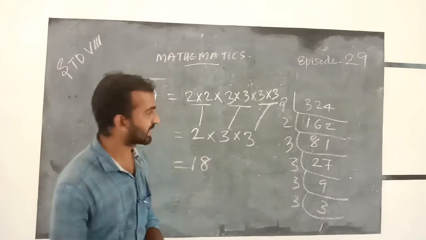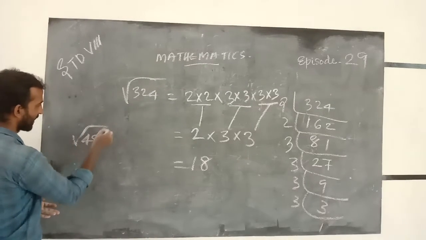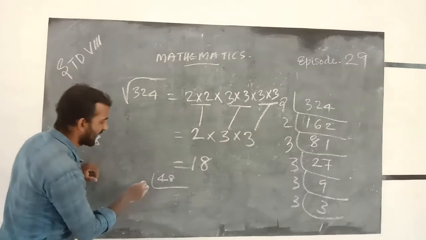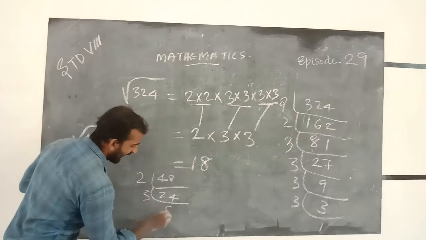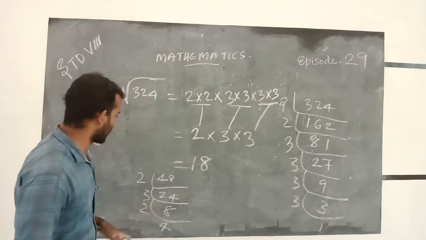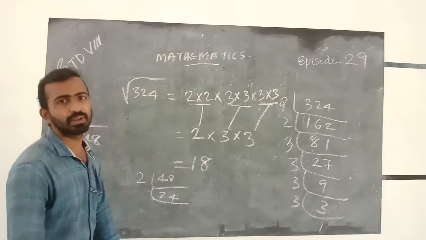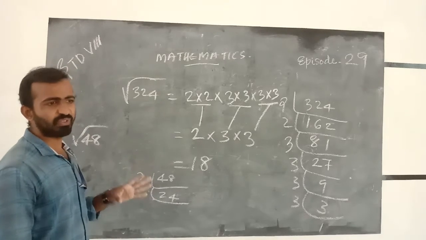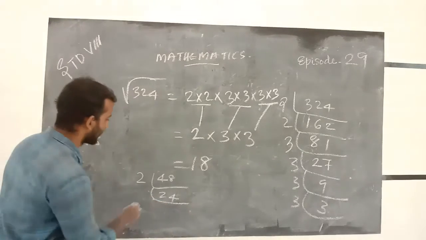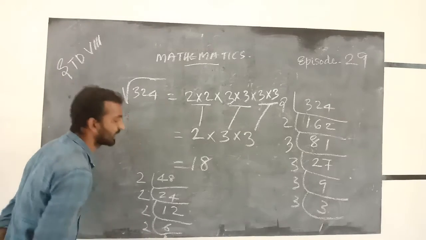For example, the square root of 48. 48 divided by 2 is 24. The smallest prime number is 2, so 2 into 24, then 2 into 12, 2 into 6, and 2 into 3.